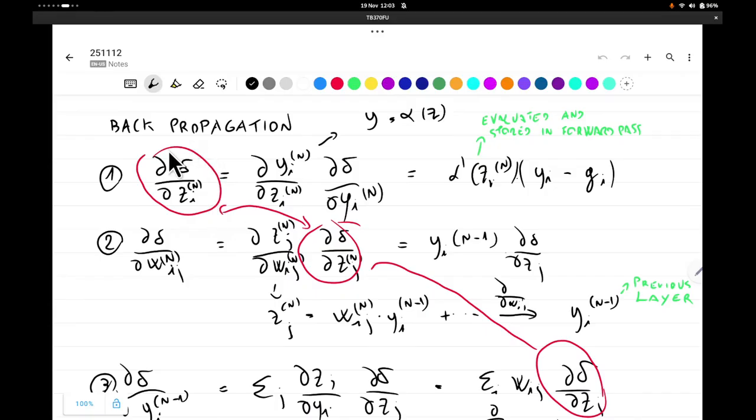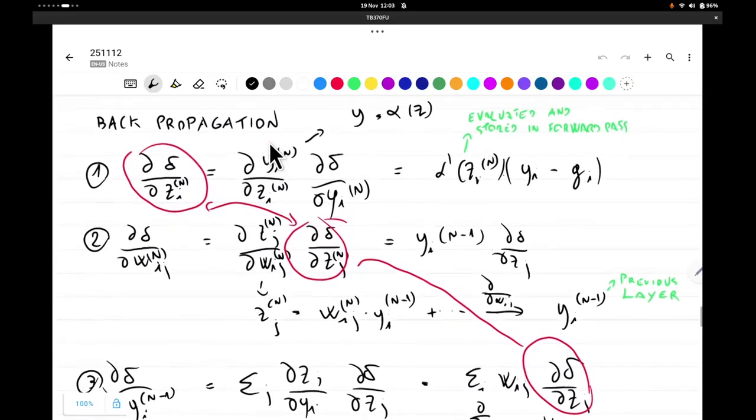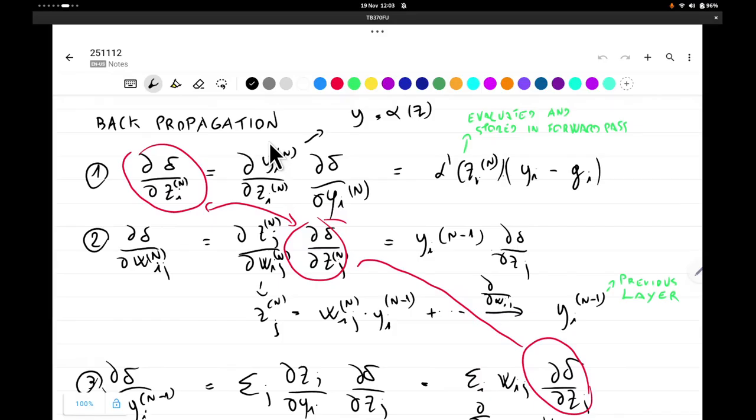It is worth underlining that this divergence is basically the per data point loss function. So keep in mind that everything that happens in this backpropagation is a reaction to just a single data point.